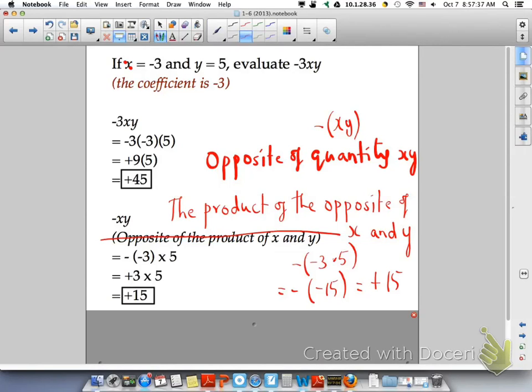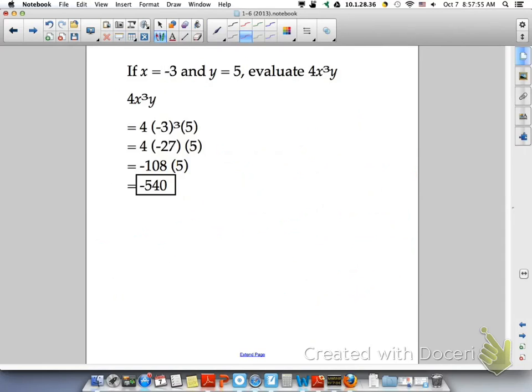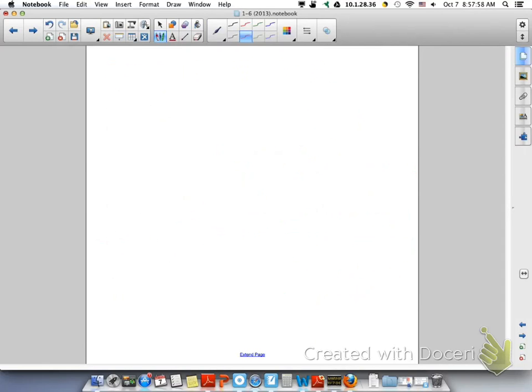Let's say you have positive 5 times positive 5, right? You get 25, and then you change that to a negative, you have negative 25. Original way, negative 5 times positive 5, then you still get negative 25.